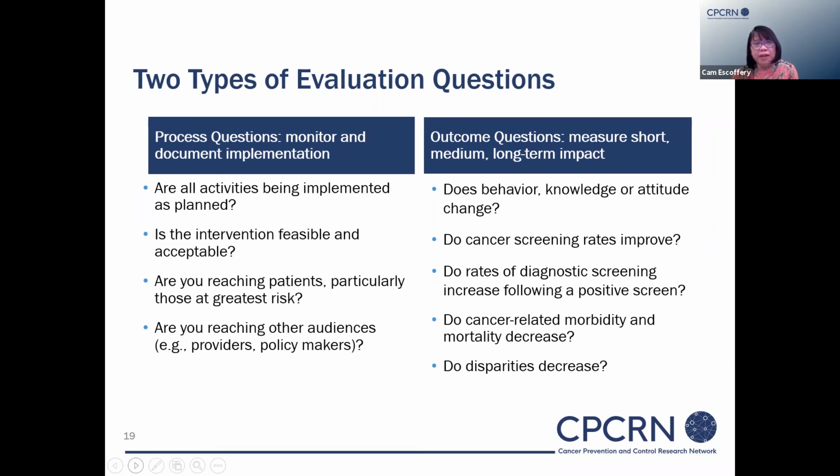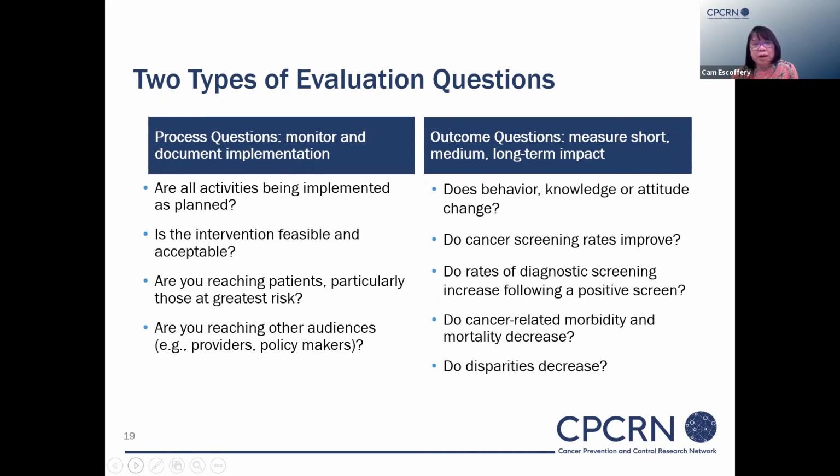On the other side, outcome evaluation questions, as I said, measure short all the way to long-term impact. And so those types of evaluation questions are related to those areas of the logic model. Does your program lead to behavior change, knowledge increases, or changes in the attitude? Does it lead to changes in implementation of an environmental change in your clinic?